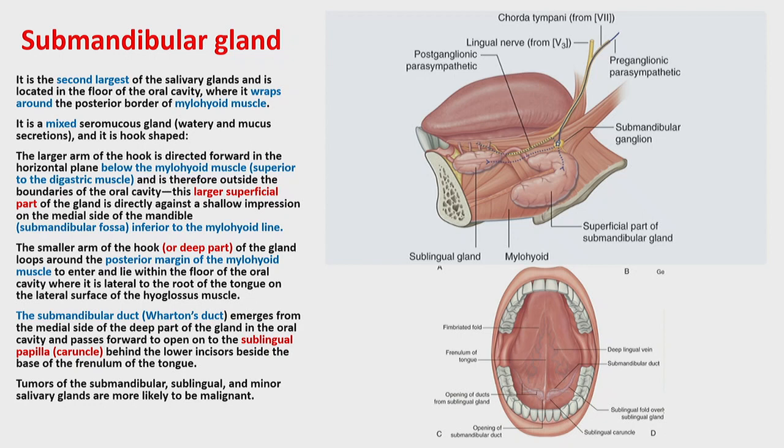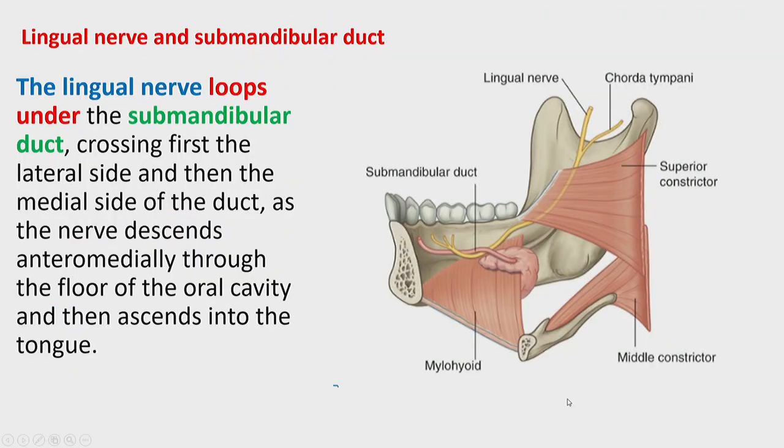This is another important point for you, especially in dentistry or general medicine: where the opening of the submandibular duct is. When you are touching or pressing here, you have to look in front of the lower incisors, near the two sides of the frenulum of the tongue, to see if there is an infection with pus coming from the duct, or clear saliva. So this is extremely important for recognition. And here is a very nice picture showing it.